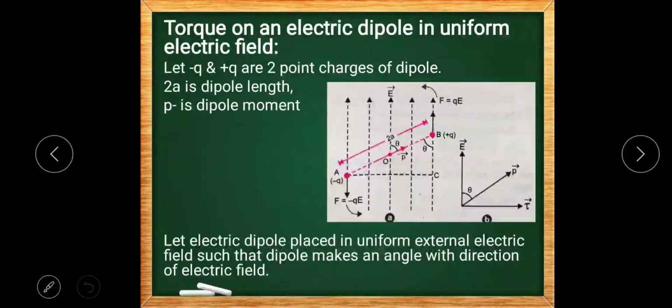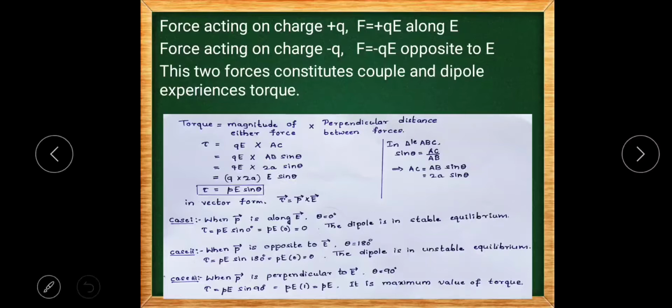Next, case 2. When P is opposite to E, then theta equal to 180 degree. Means, if you consider, this is the direction of the electric field E. So opposite to it means in this direction the dipole moment is acting.